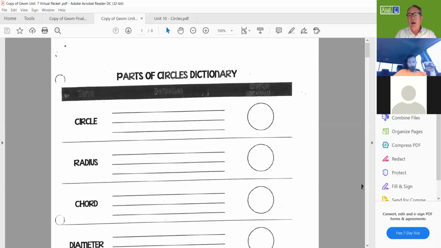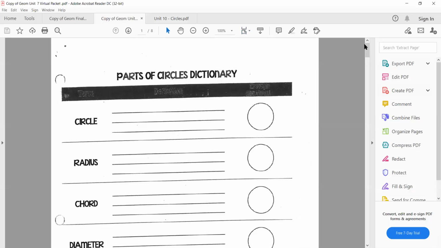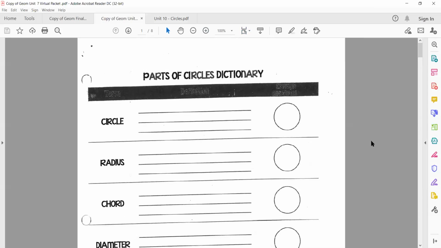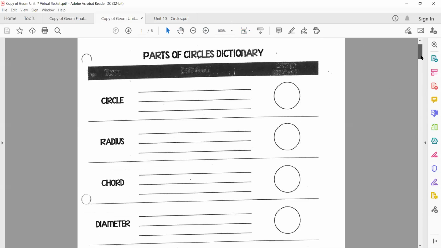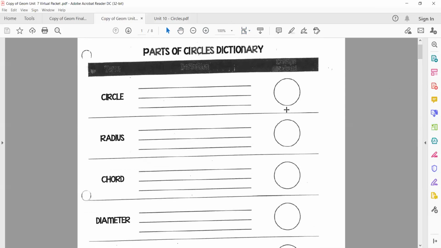So the good news for this circle handout is it's only 8 pages total, and we're not going to be dealing with everything that's in here. This is kind of the very beginning packet because it starts off with some vocabulary terms and an opportunity to create little drawings.